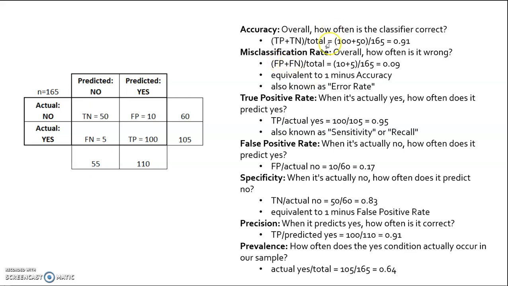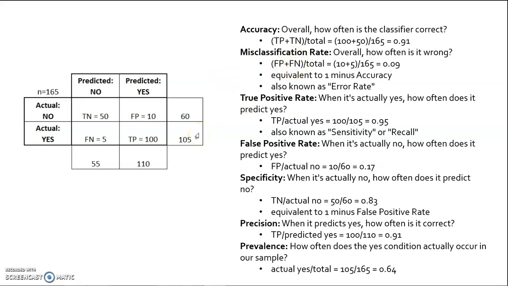The denominator is the same, the total decisions. In other words, we want to know the portion of correct decisions for accuracy, and for misclassification rate, the portion of errors or mispredictions.